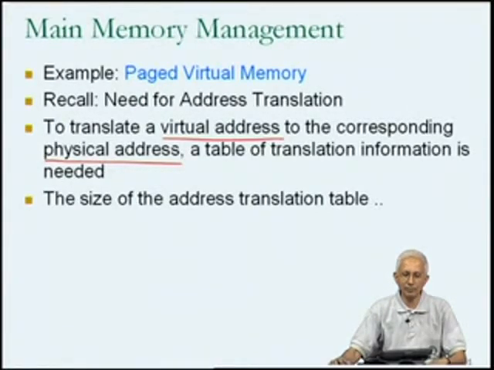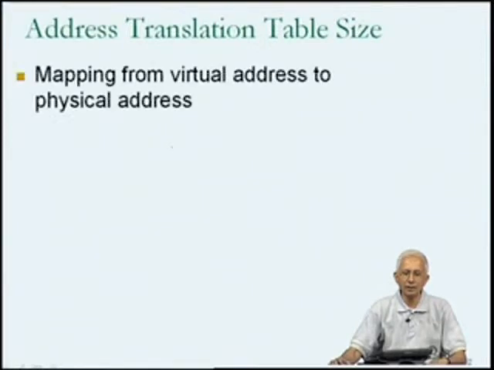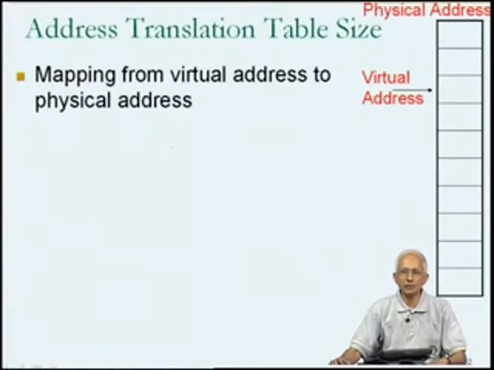We saw, for example, that if we were to associate a piece of address translation information with each byte address, in the diagram here we have an example of an address translation table. In this example, for each virtual byte address, it has the corresponding physical or main memory byte address.